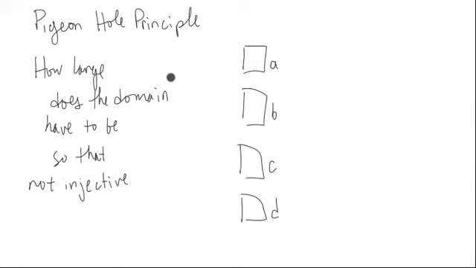Well, if your only criterion is just the size of the domain, let's see, there's 4 boxes. Worst case scenario, if you have 4 things, in terms of injectivity, you can put 1 thing in each box. So you have 1 thing here, here, here, and here.